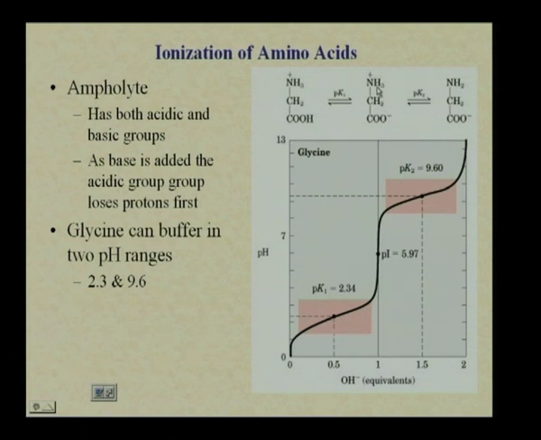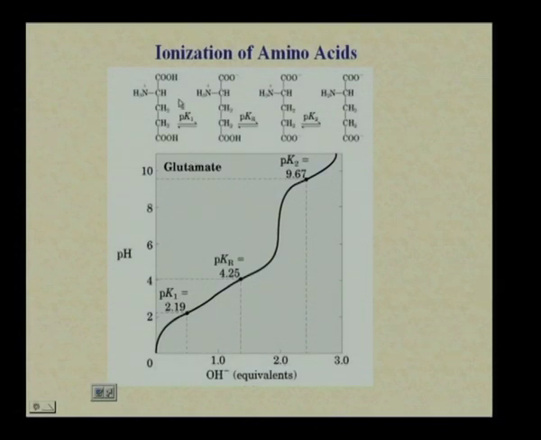But now, the fun begins when we do not have H2 here. Suppose I have something else, okay. Suppose I have glutamate. What does glutamate have now? It has an additional COOH to it. So, what do I have at low pH now?